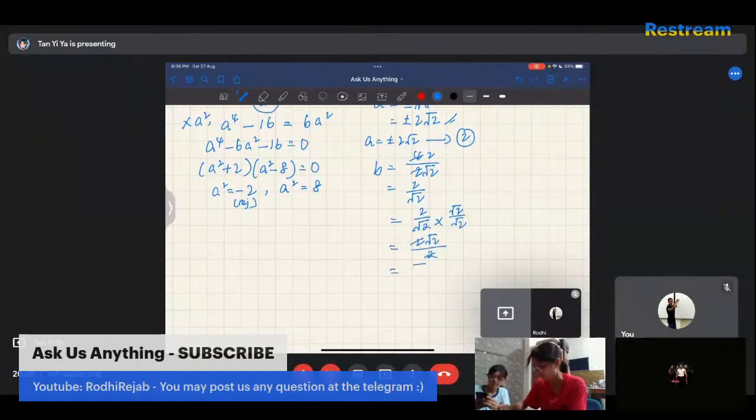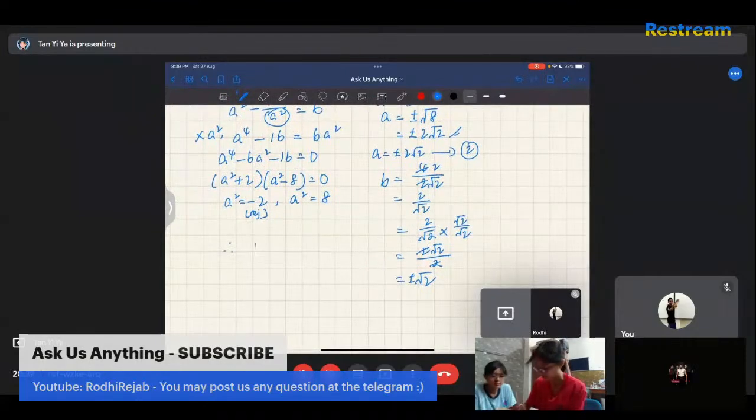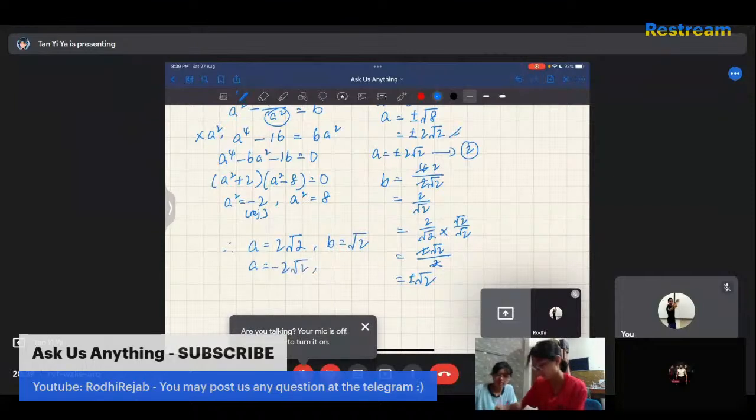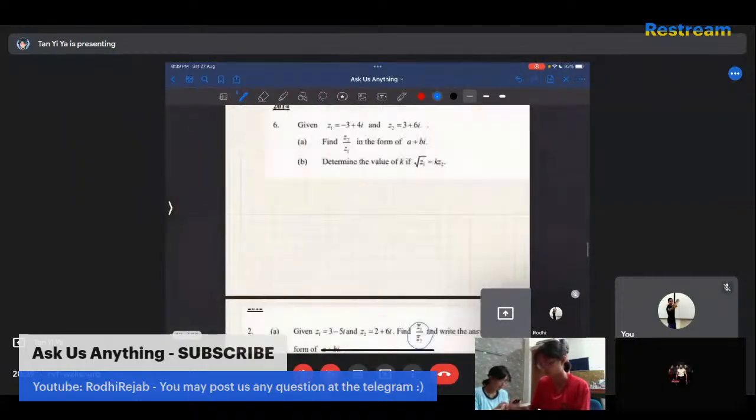So just simplify it. We can find the value of b, which is plus minus square root 2. So we can write our answer here. a equals to 2 square root 2 and b is equals to square root 2, and also a equals to negative 2 square root 2 and b equals to negative square root 2. So we have done question 2.